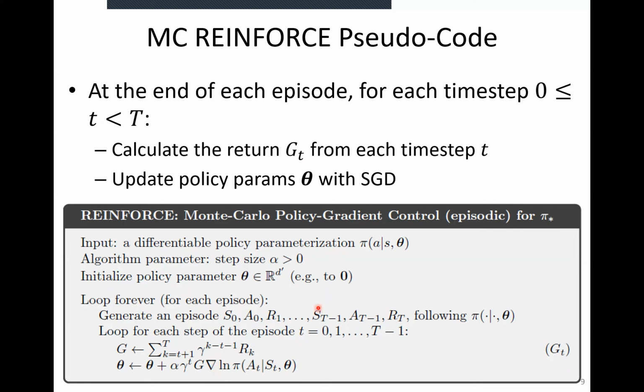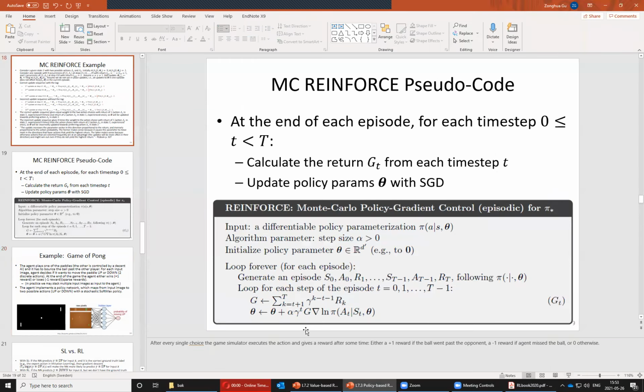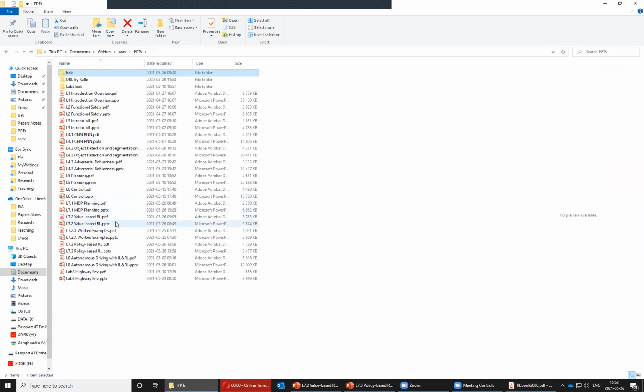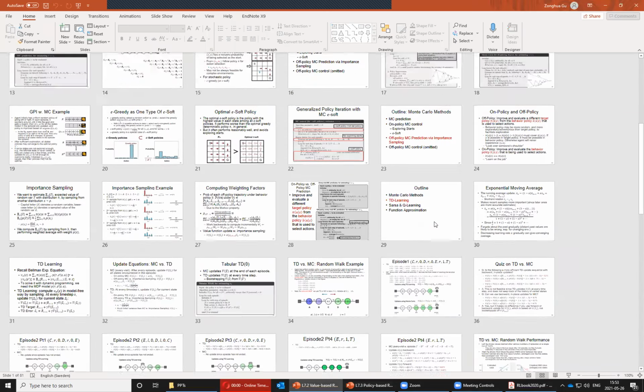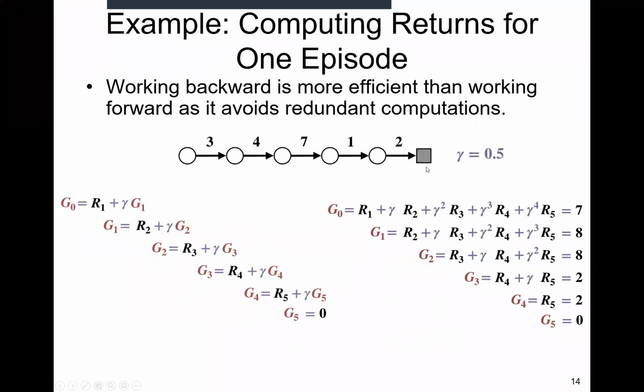If you don't remember how to calculate the return, let me remind you. This is the value-based RL lecture. On this slide, once you have reached the end of the episode, you simply update each return from back to front for efficient computation with these formulas.